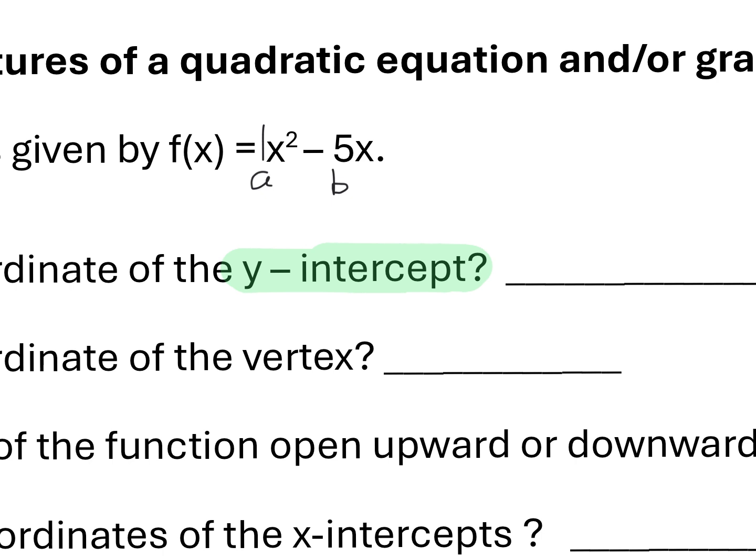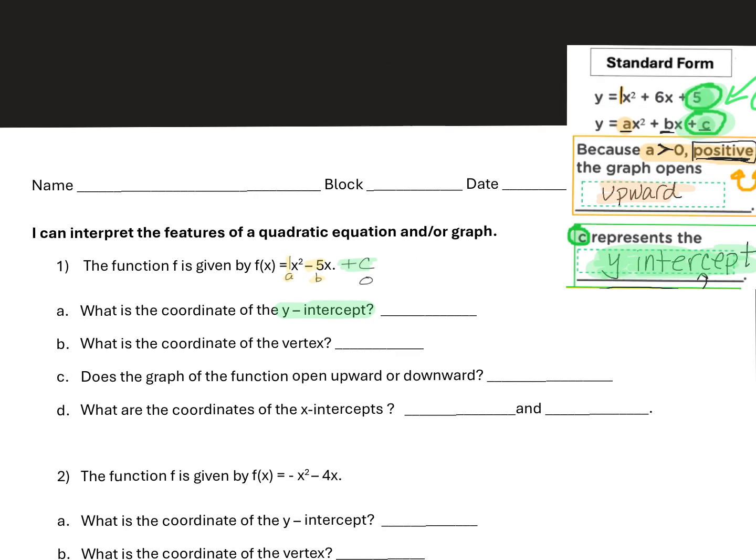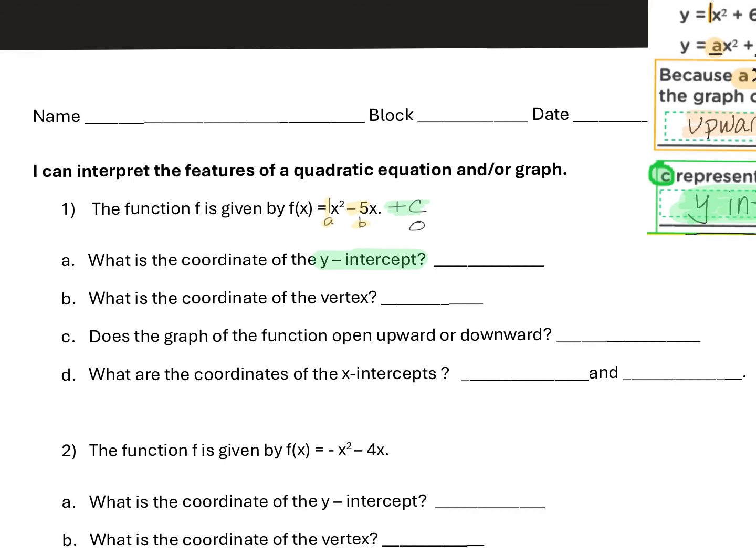In this equation, we're given an A and a B, but C, just the plain number, is not given. When that happens, that means that C is actually a 0. So that would mean that the coordinate of the y-intercept is 0, 0.